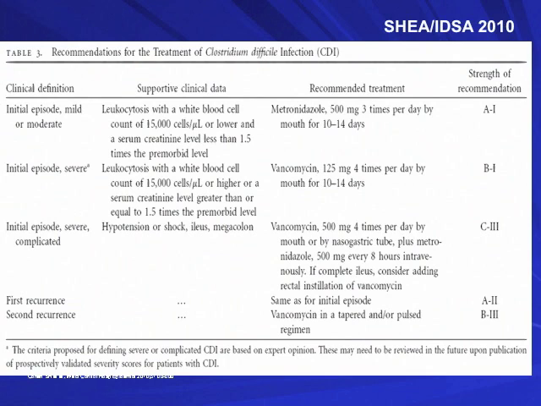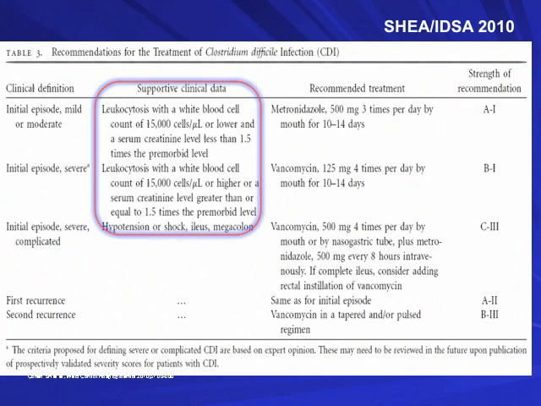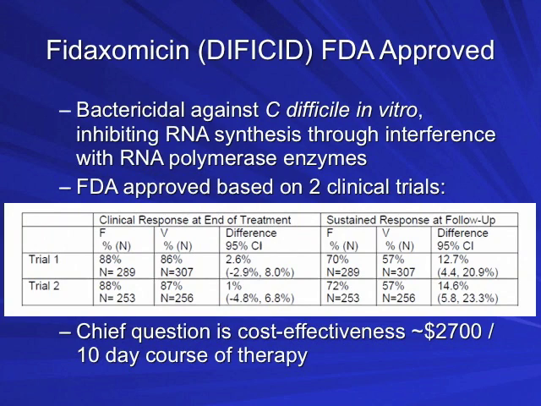We do use more or less the standard guidelines for selection between metronidazole and vancomycin, meaning that most of our patients wind up receiving metronidazole because we don't have a profound leukocytosis. But if you do have a bump in the serum creatinine compared to the premorbid level, or you have a patient who has severe complicated C. diff, then we will follow the IDSA SHEA guidelines there.